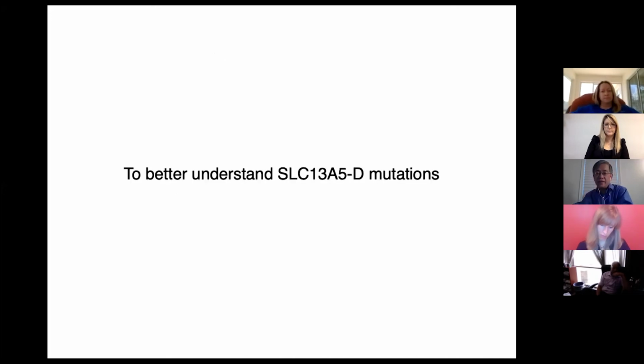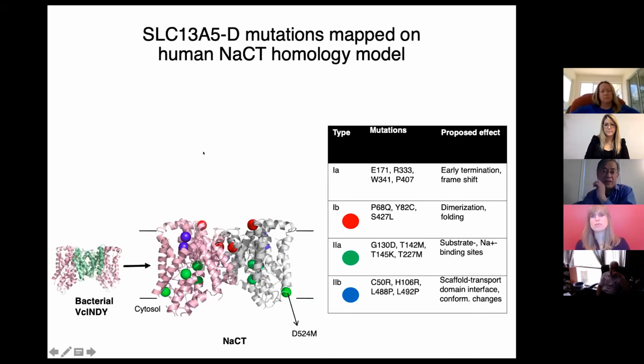And then in the second half of the talk, I want to cover something on the mutations again. This is a figure I showed you before, and we could explain about 15, 20 mutations. But there were some we didn't understand at all. For example, this one, the D524 methionine mutation. This is far away from the substrate binding site, far away from the interface.